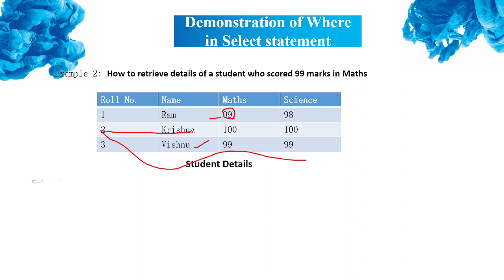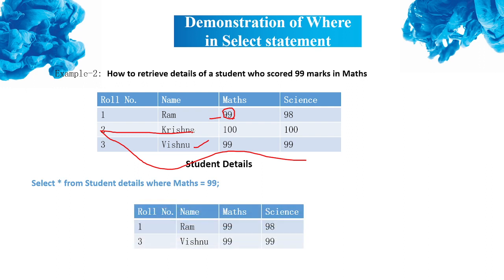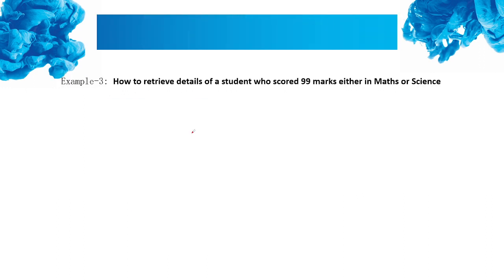If we see here, select star from student details where maths is, we have just discussed that: how to retrieve details of a student who scored 99 marks in maths or science. If you want to know who scored 99 in either mathematics or science, what will be the query?